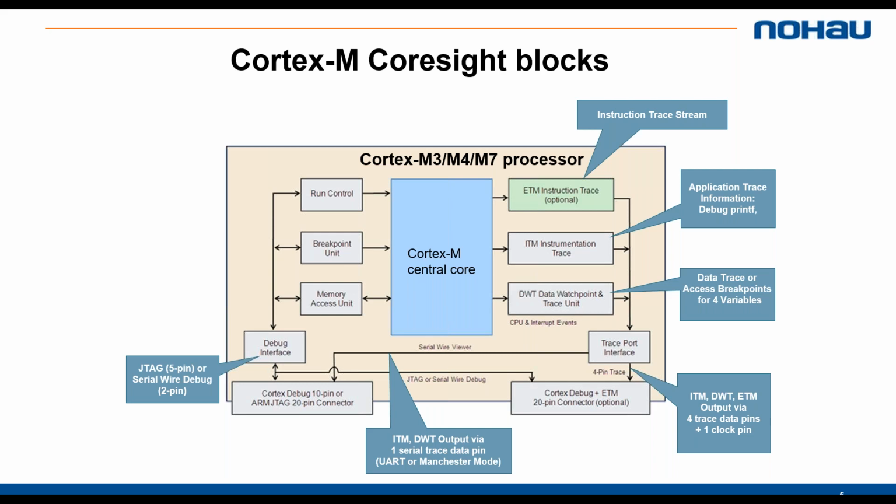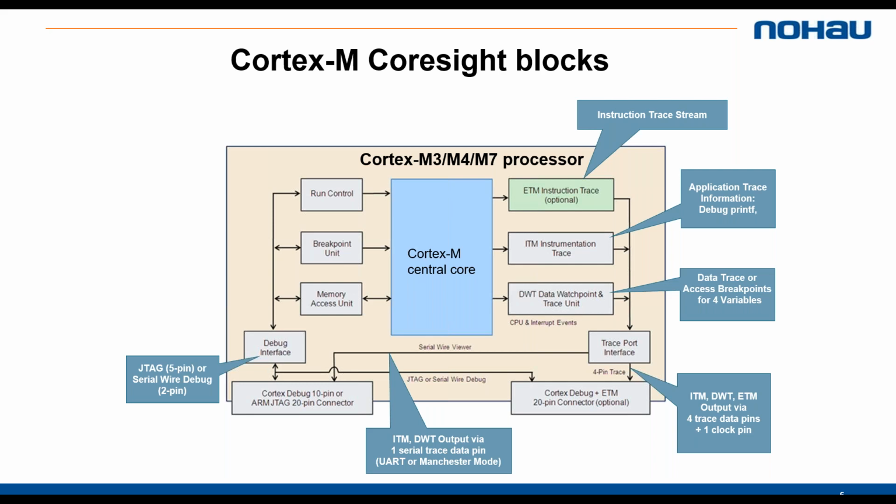First of all, I thought that I should give you some background to what kind of capabilities there are when it comes to trace in Cortex-M devices. You can see it by these three blocks that are on the right-hand side of this picture. There is an ETM. ETM stands for Embedded Trace Macro Cell, and that is used for instruction trace.